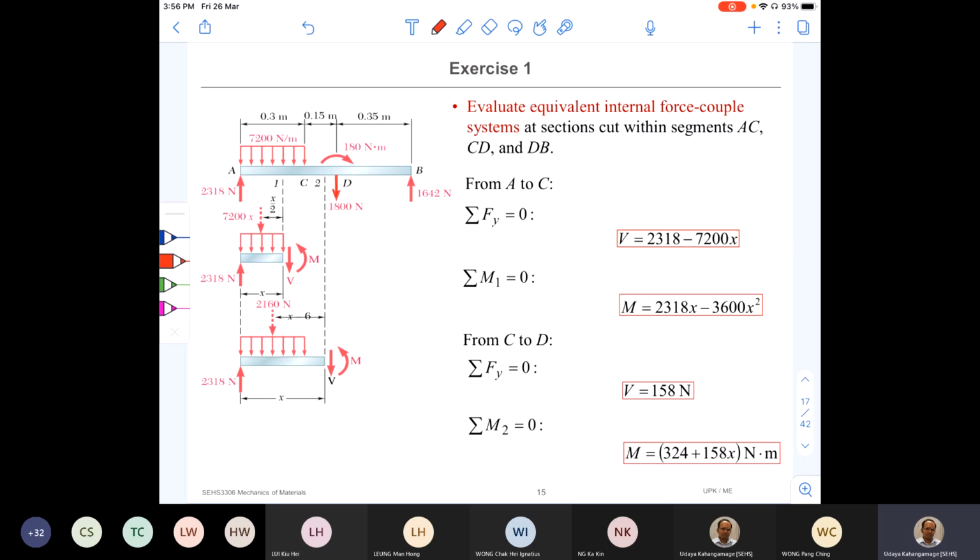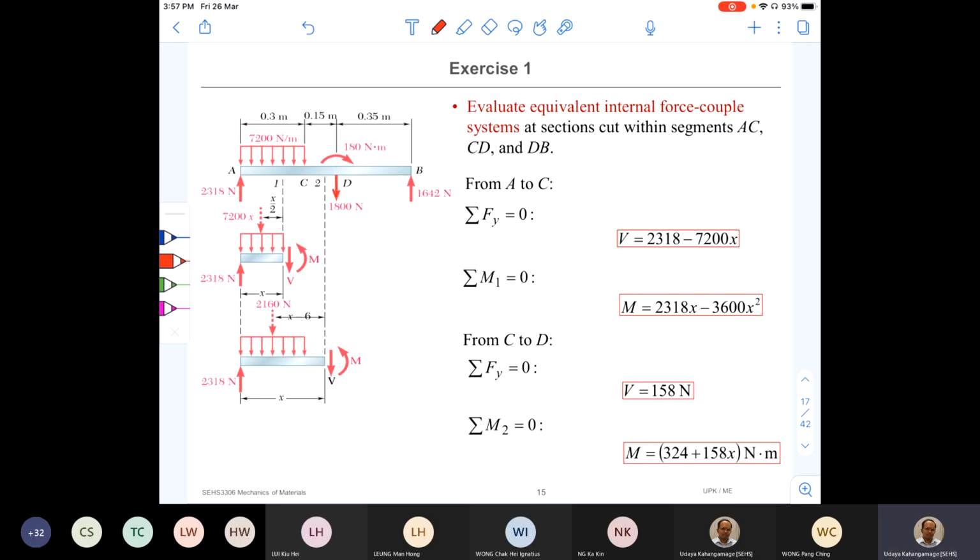By observation, we have to write equations between AC, CD, and DB, each with one equation for shear force and one for bending moment. So altogether, 6 equations.